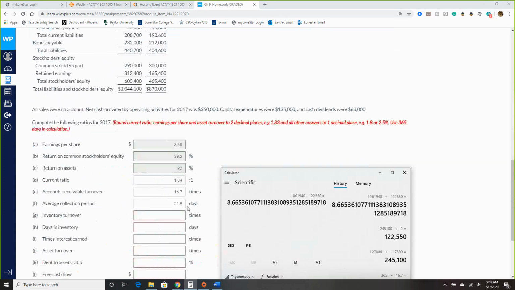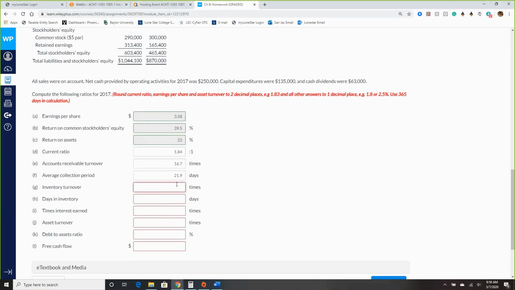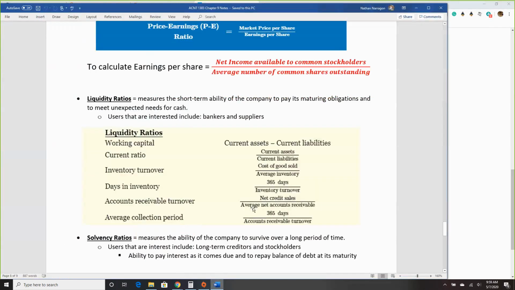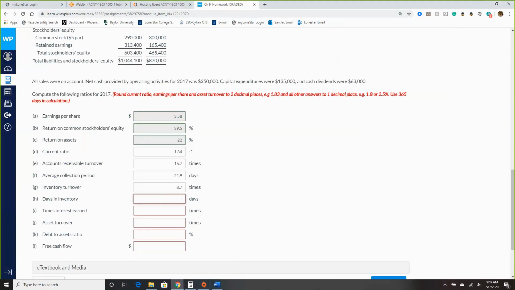You have 8.6, so 8.7 times. Days in inventory, 365 again. So 365 divided by 8.7. Woo! That's in there for a long time. 42 days.